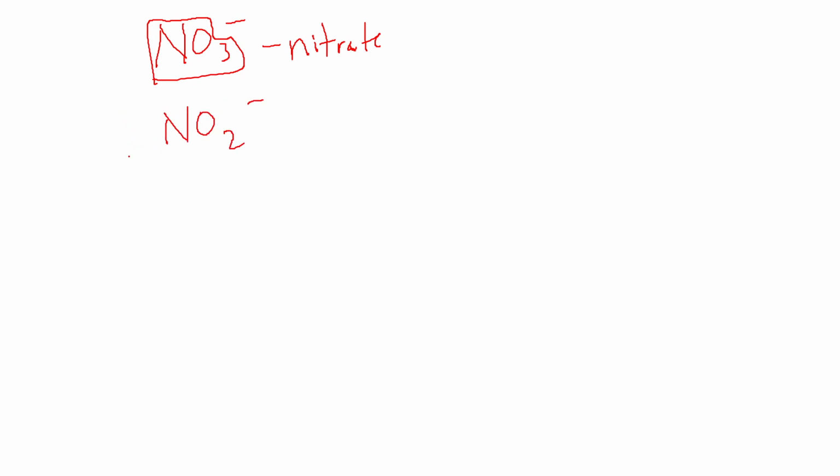So for example, if you're looking at a polyatomic ion list, you might see our NO3- that we just saw. That is 1 nitrogen, 3 oxygens. That is known as nitrate, ATE. We have NO2-, 2 oxygens, 1 nitrogen. That is known as nitrite.